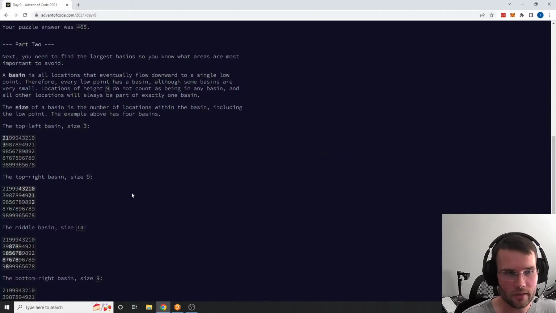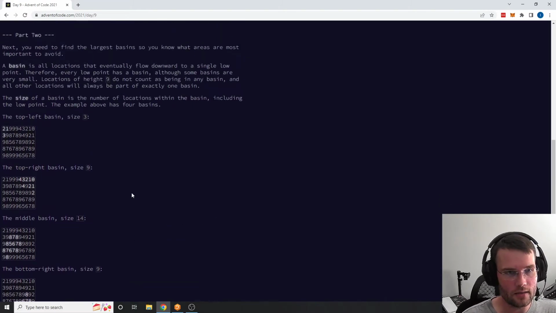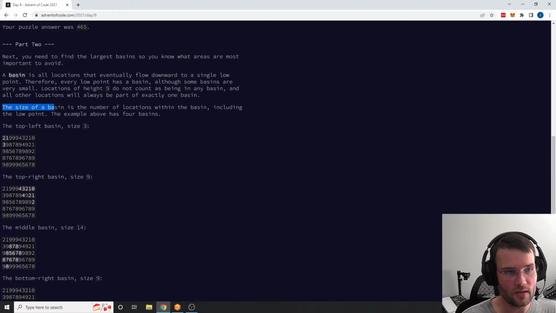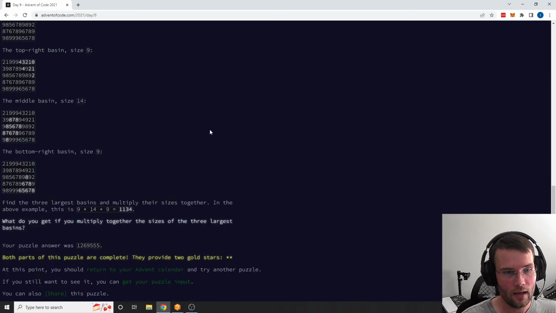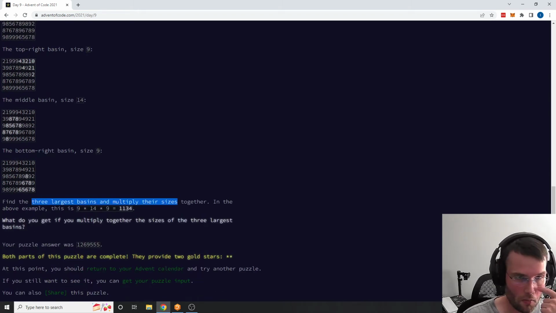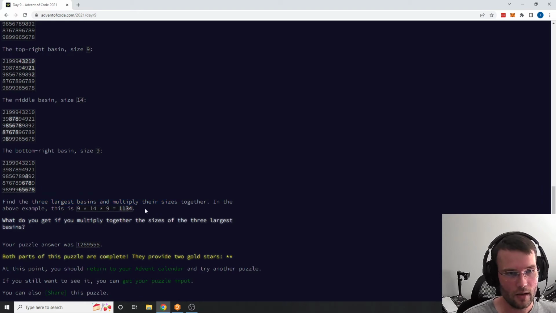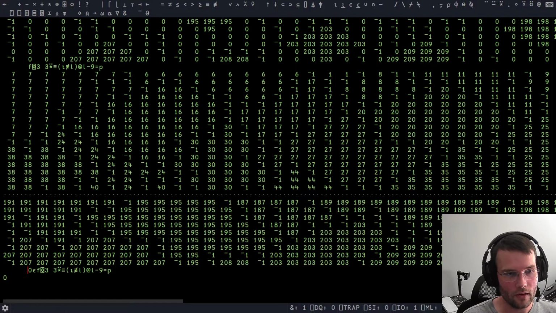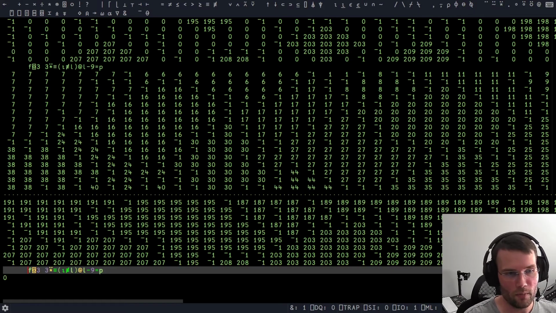Okay, so what do we do from here? What does our problem actually ask? It says we need to determine the size of a basin, which is the number of locations within the basin, including the low point. And then what we do is we take the 3 largest basins, multiply their sizes together, and that will be our answer. So we have our matrix here.